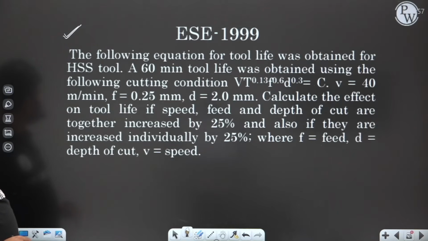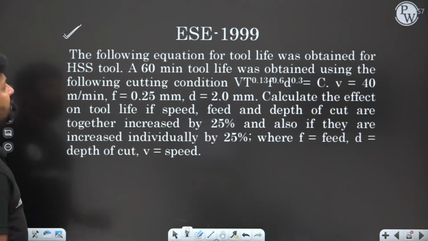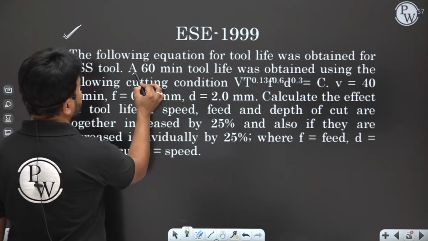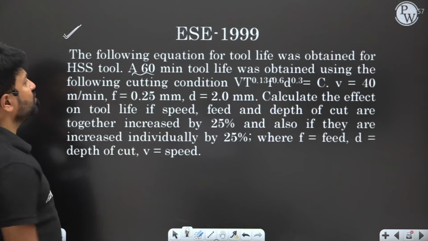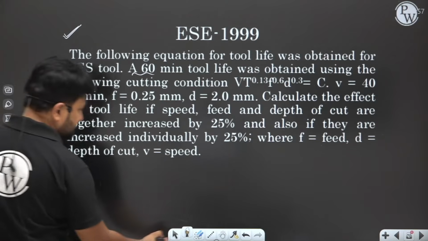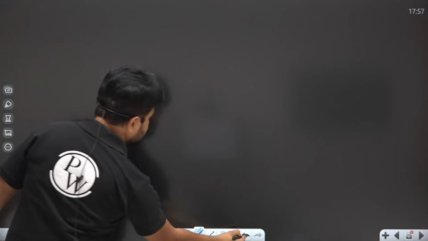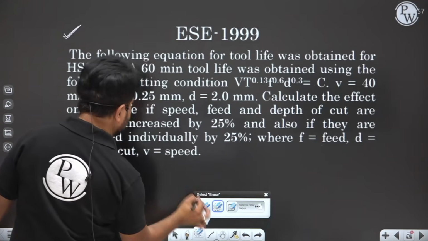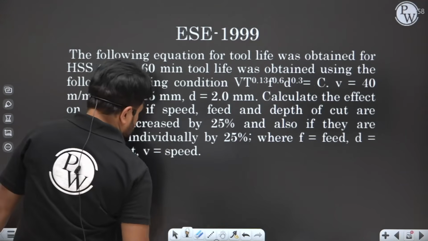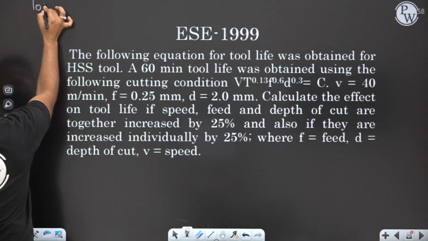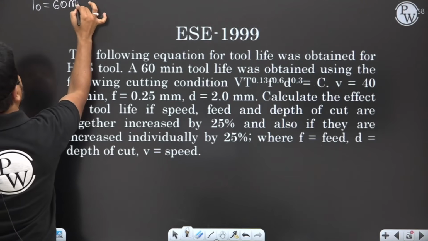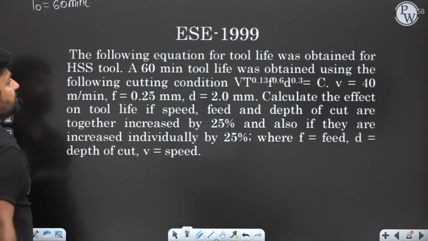The following equation for the tool life was obtained for an HSS tool. A 60-minute tool life was obtained.